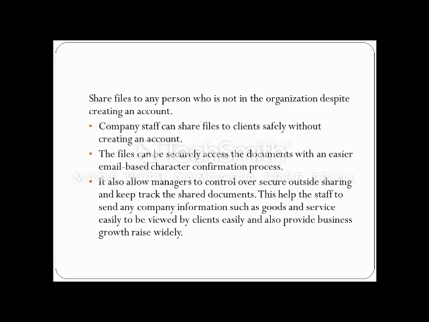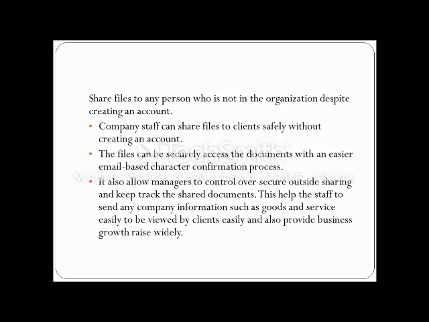Share files with any person who is not in the organization without creating an account. Company staff can share files with their clients safely without creating an account. The files can be securely accessed with an easier email-based identity confirmation process.